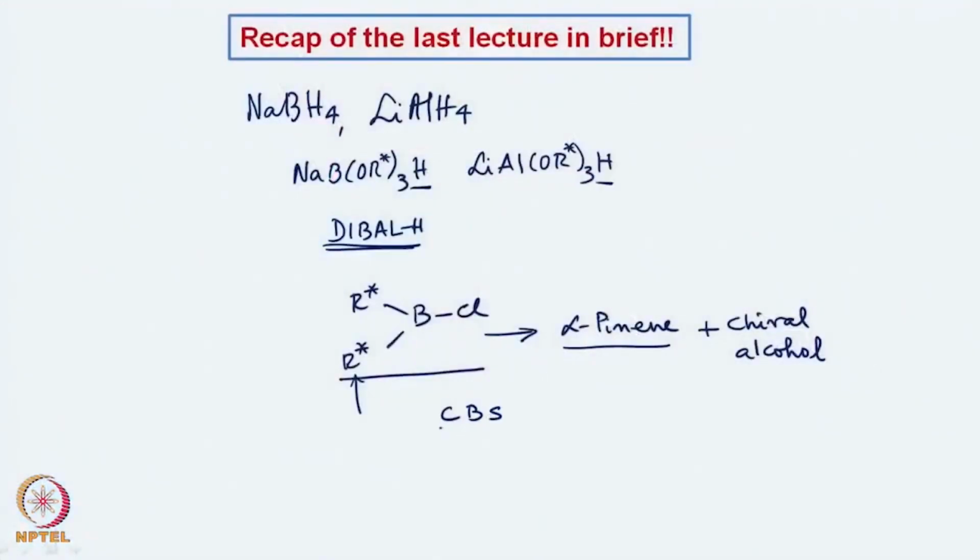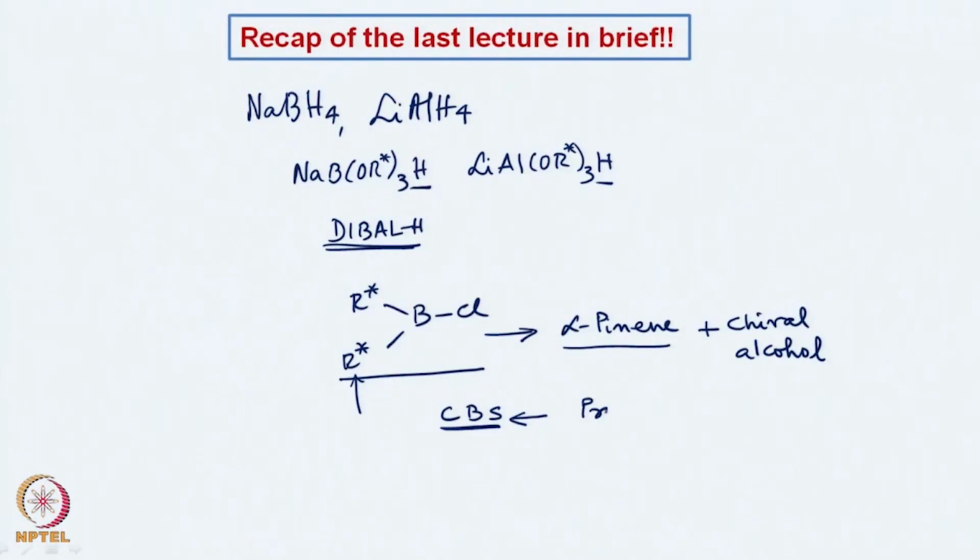But then we introduced the Corey-Bakshi-Shibata ligand, a chiral part which allows modification of the BH3, and this Corey-Bakshi-Shibata catalyst then allows reduction of ketones to the corresponding alcohols in a predictable geometry, and thus before starting we can choose which kind of Corey-Bakshi-Shibata ligand is to be taken.